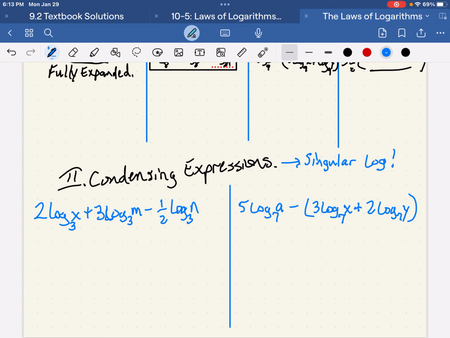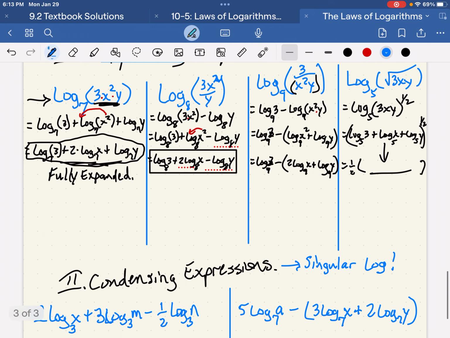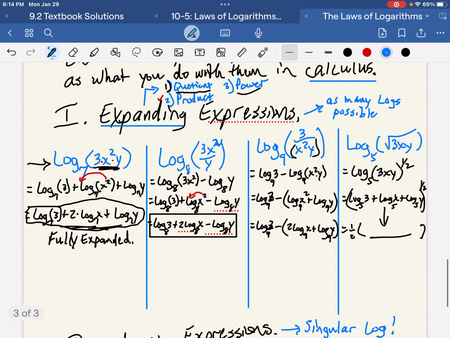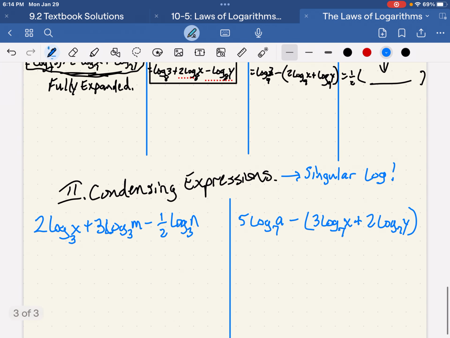Now, when you're condensing, you want to do things in the reverse order that you did when you were expanding. So you see with expanding, I said do any quotients first, products second, and powers third. So when you're condensing, you want to first do any powers, secondly, do any products, and thirdly, do any quotients.